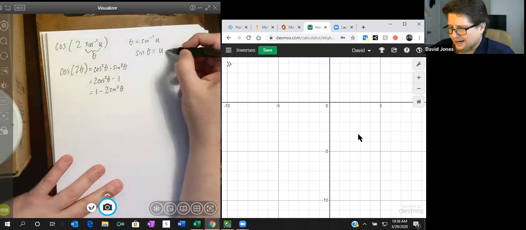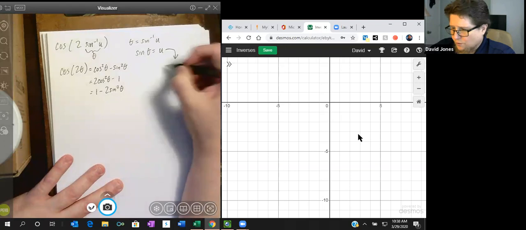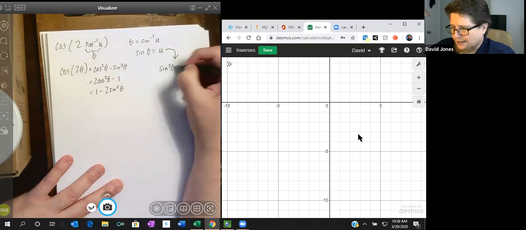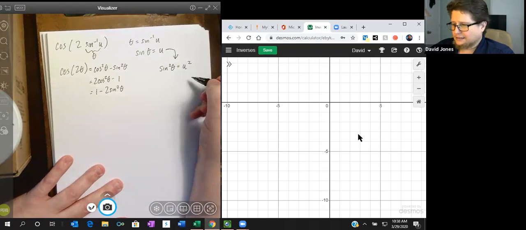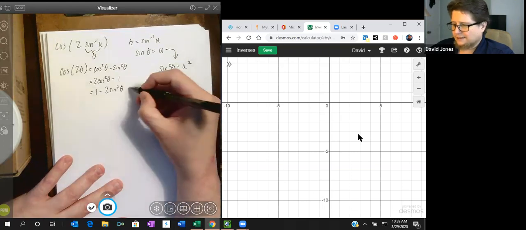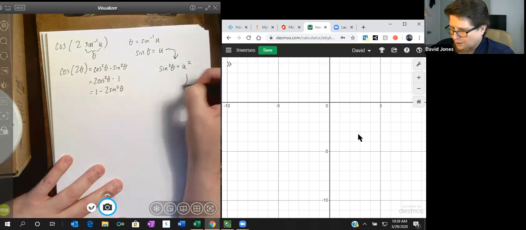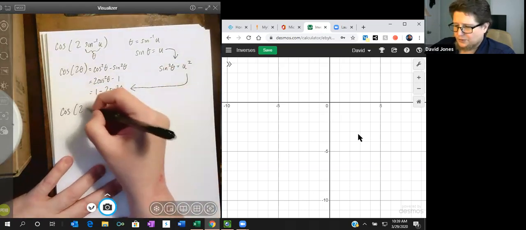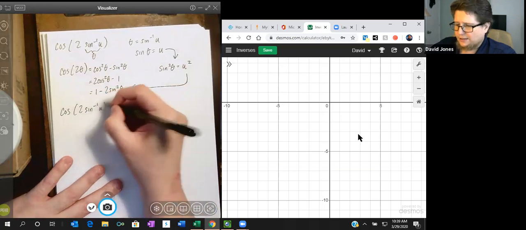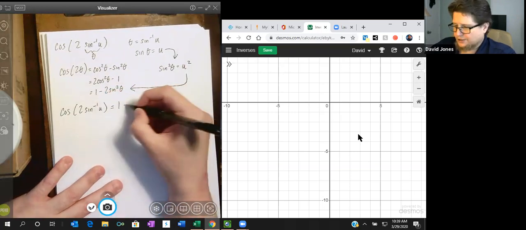I have sine theta is u, which means sine squared theta is u squared. And I'll plug it into that one. Cosine of 2 sine inverse of u is 1 minus 2u squared.